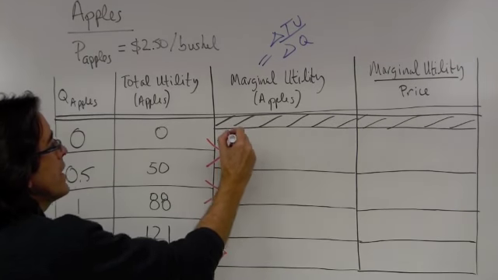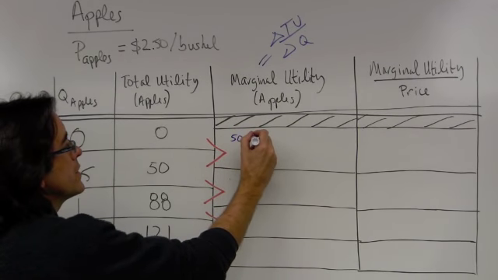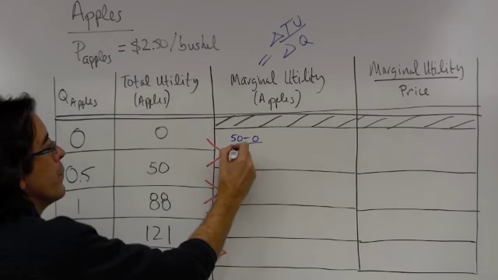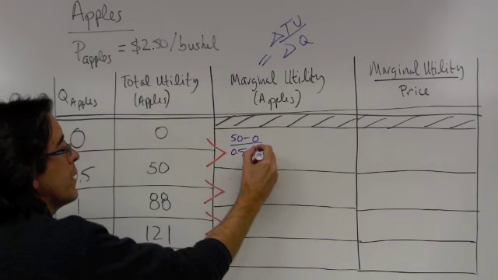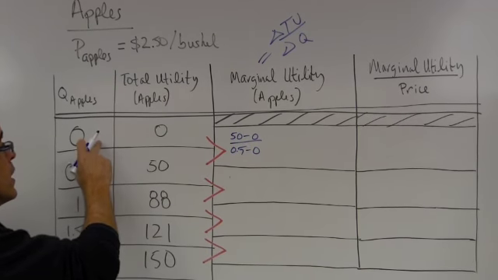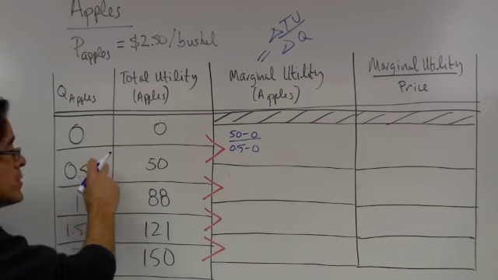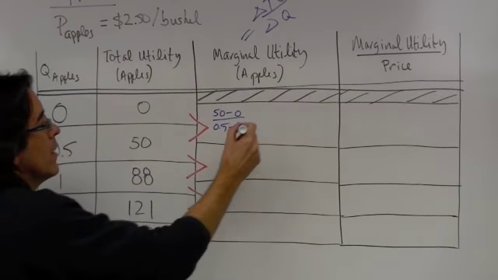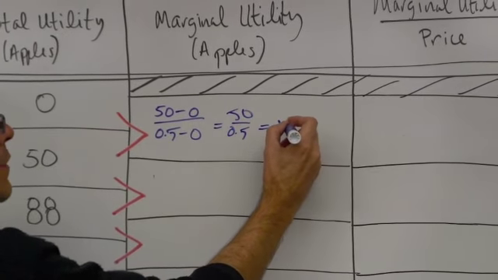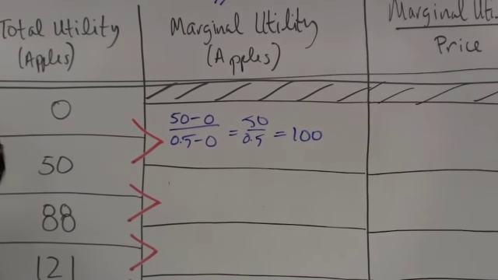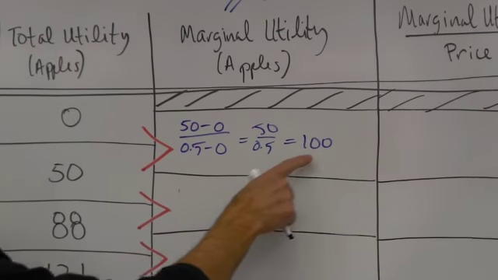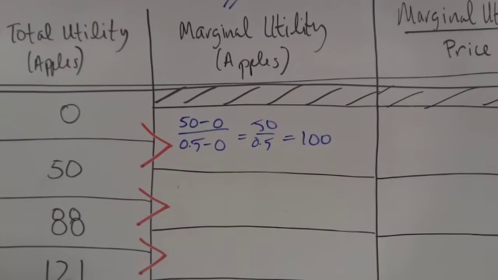The change in utility is 50 units of utility minus 0, divided by 0.5 bushels minus 0 bushels. So we're asking what's the change in our utility when we go from consuming no apples to half a bushel. We do the division, 50 divided by 0.5, we get 100. So our marginal utility in going from 0 bushels to 0.5 bushels is 100 units of utility.